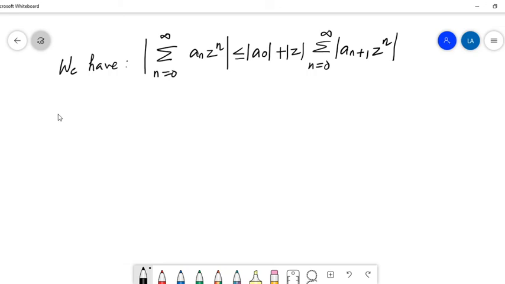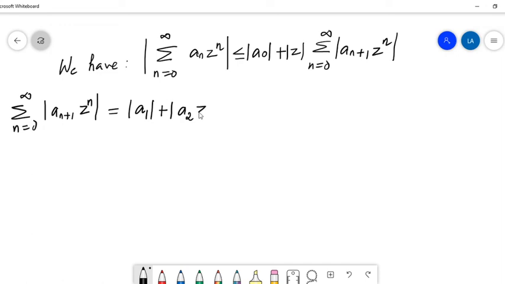Now, summation n equal to 0 to infinity modulus of a_{n+1} into z raised to n, we are just expanding the terms.